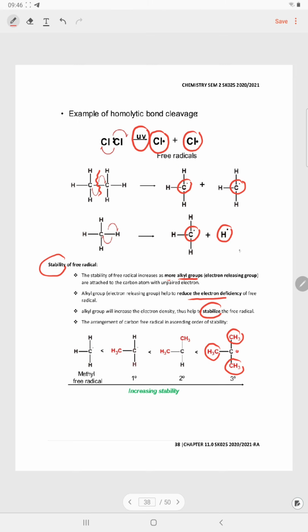Because the carbon free radical here has one unpaired electron and is covalently bonded with methyl groups. The greater the alkyl groups, the more they stabilize the carbon free radical. So the tertiary carbon free radical is more stable than secondary, primary, and methyl free radicals.